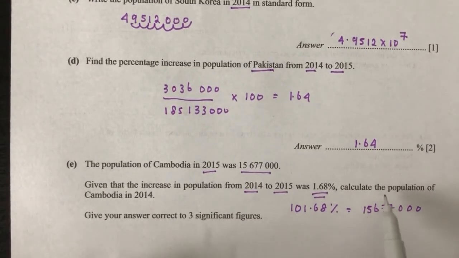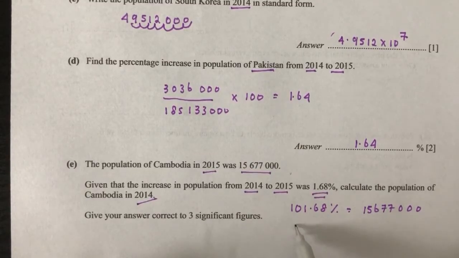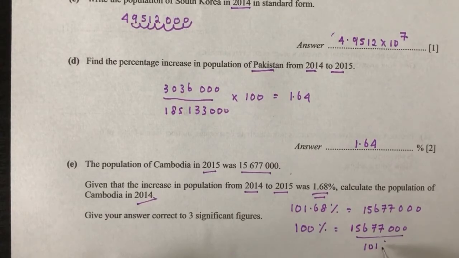Now calculate the population of 2014. If you want to go back to 2014, it will be 100%. So you will do this figure divided by 101.68% times 100.